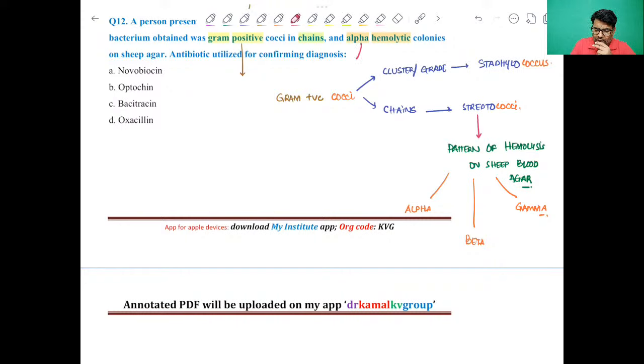Clear? The question is about an alpha hemolytic bacterium. So we have to think of alpha hemolytic, where we have two organisms. Either it can be Streptococcus pneumoniae, or it can be Streptococcus viridans. To differentiate these two bacterium, we do optochin sensitivity, which is positive here, and negative here. So alpha hemolytic ones undergo optochin sensitivity testing.